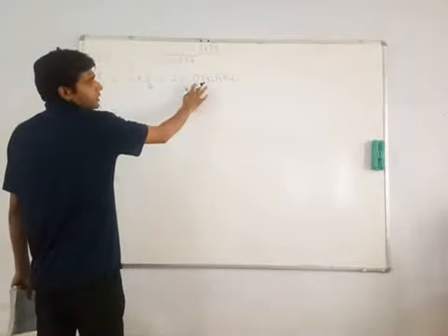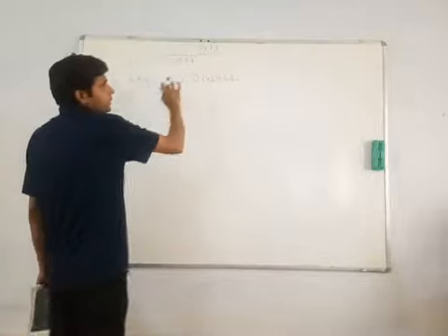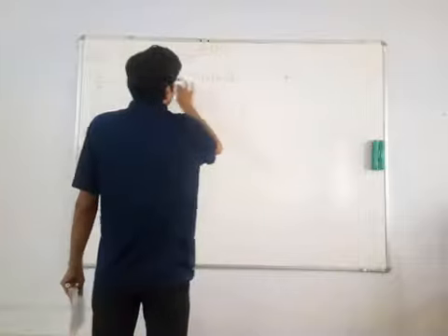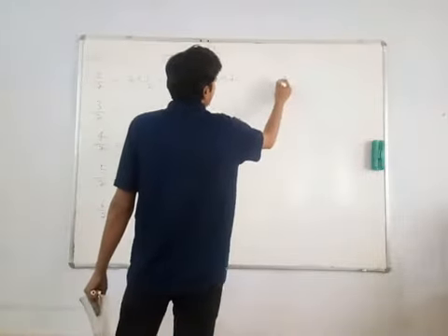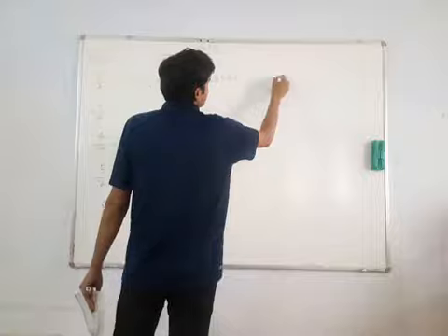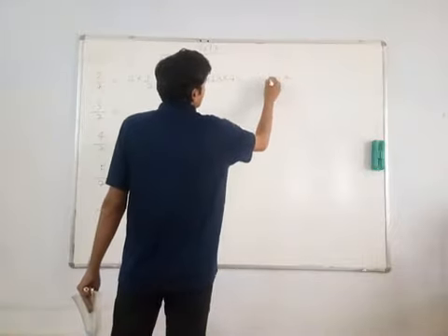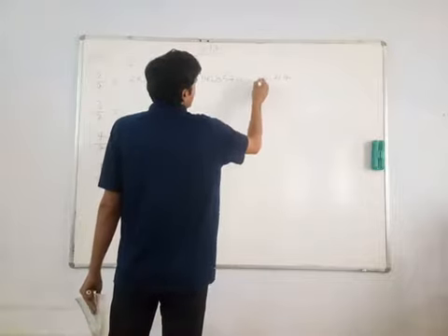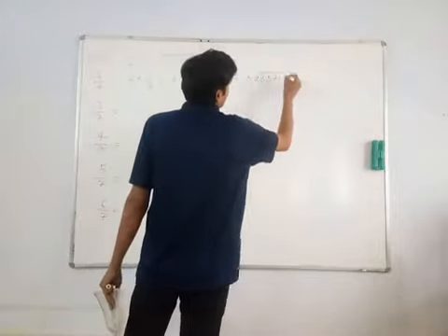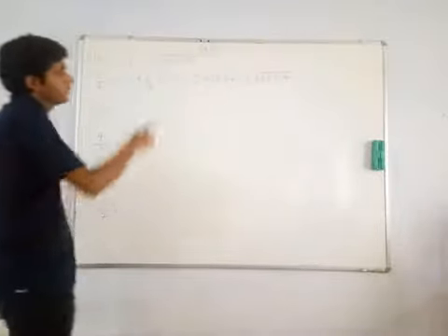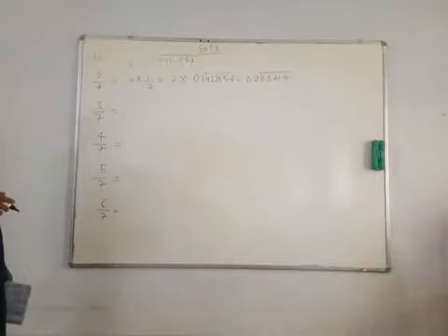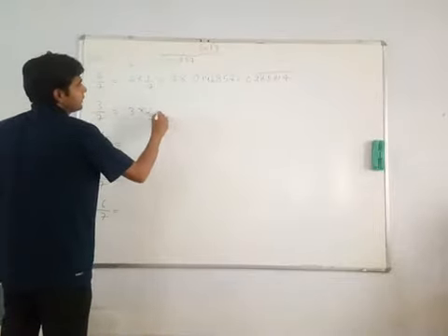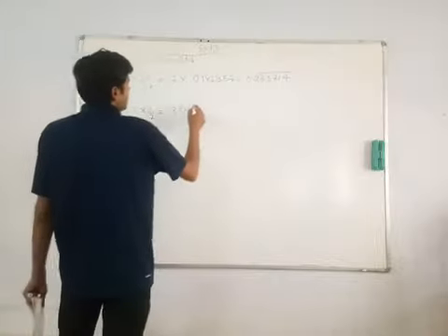If you multiply 0.142857 by 2, that is 0.285714. 3 upon 7 is 3 multiplied by 1 upon 7.